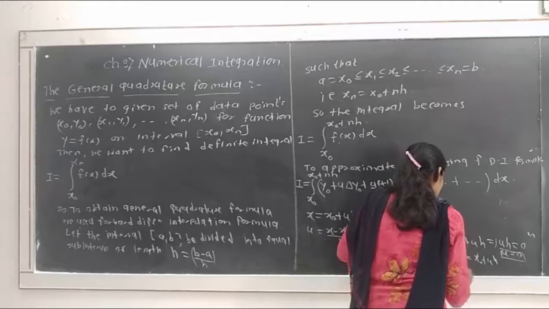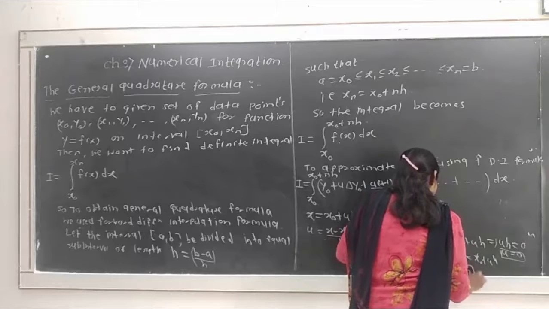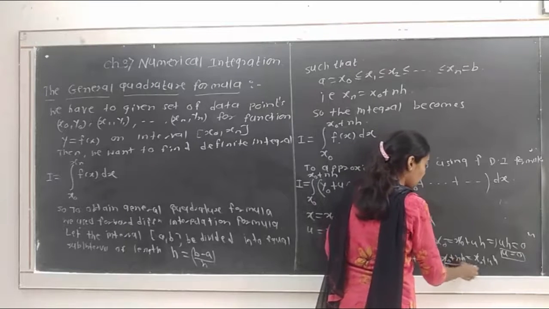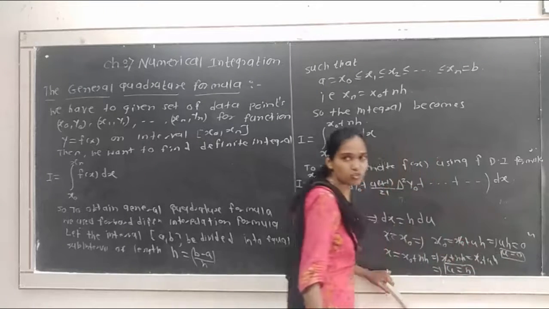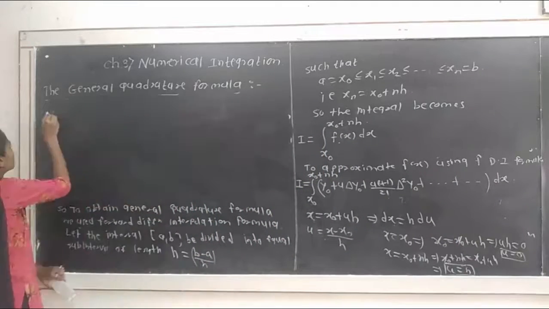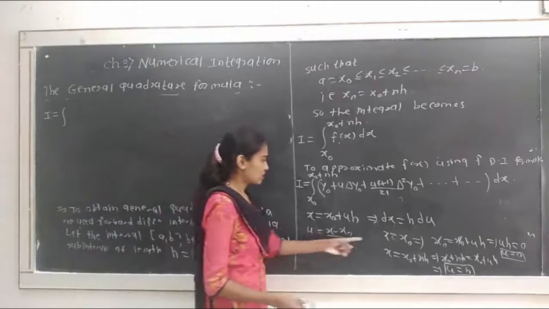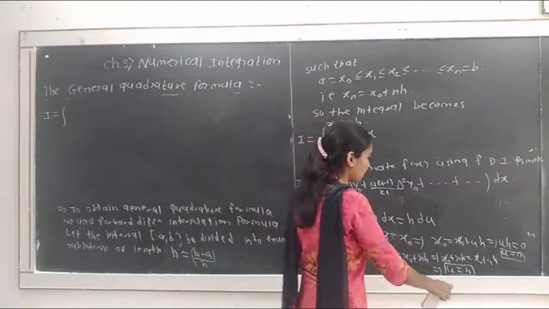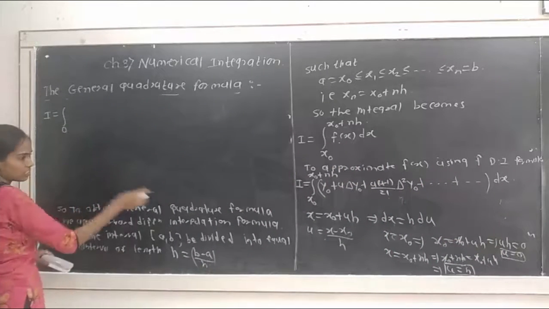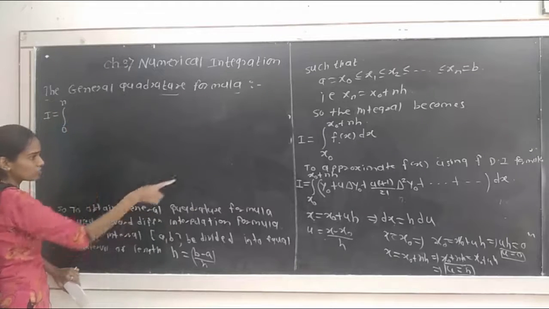The x0 and h cancel, and we get u equal to n. So when x tends to x0 plus nh, u tends to n, and when x tends to x0, u tends to 0. Then we take the substitution here. Okay, so I is equal to the integral with limits 0 to n.